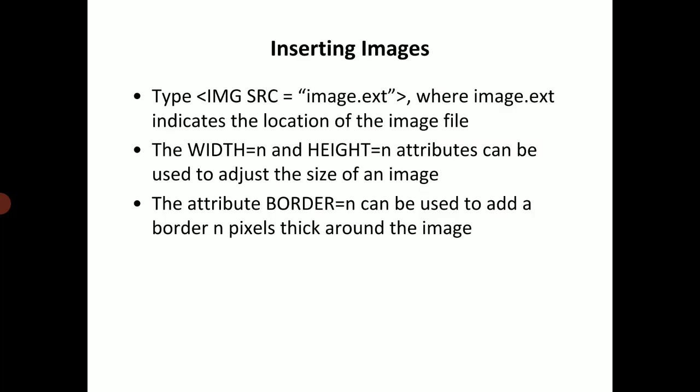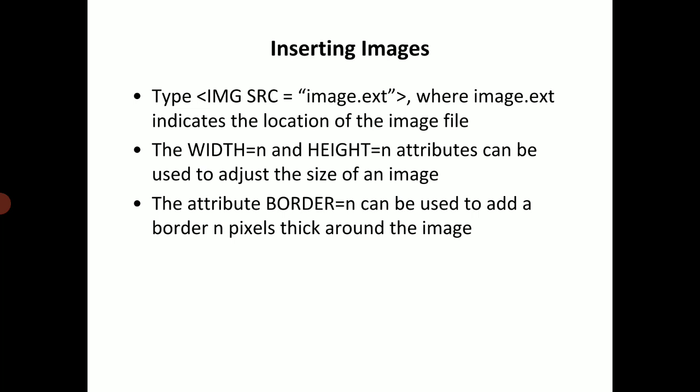Inserting images on a web page: we use the img tag to insert images on our web page, that is by typing img with the attribute called src equal to image.ext, where image.ext indicates the location of the image file.